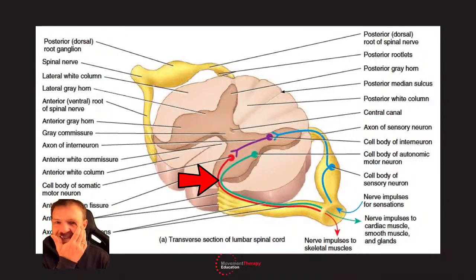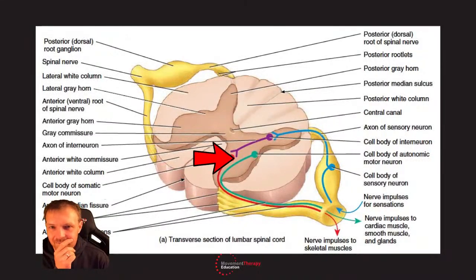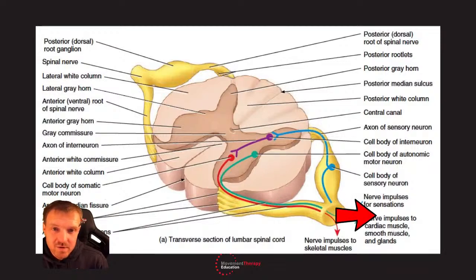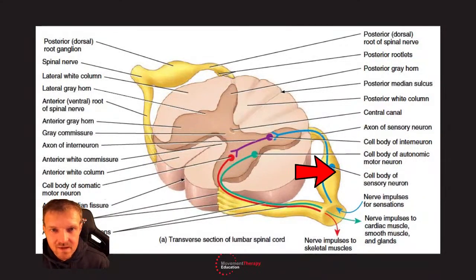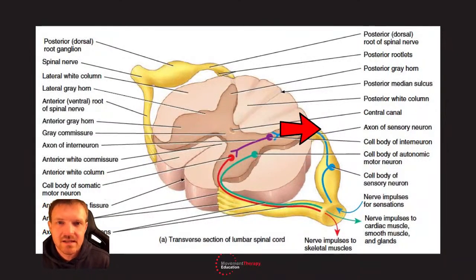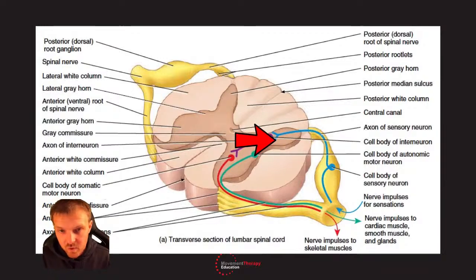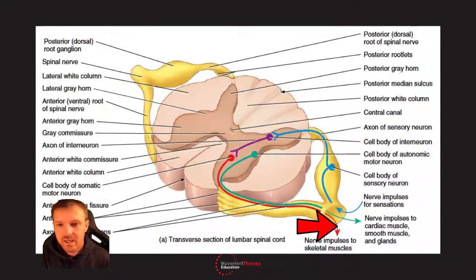Okay, that's good. So then we've got this. Imagine here we've got a sensation coming in. You've stepped on a pin, sent to the cell body in the dorsal root ganglion, into the spinal cord, activating an interneuron that then activates a motor neuron to tell your hip flexor to contract, to lift your leg away from whatever it is you've stepped on.